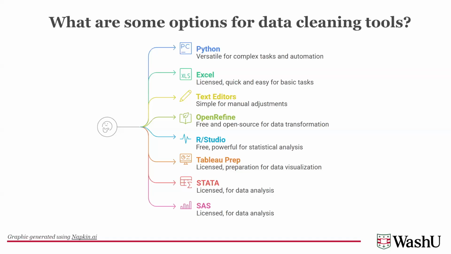Finally, we've got a couple of licensed products, Tableau Prep, Stata, and SAS. They each have their own strengths, and Tableau Prep is more of like a GUI-based data cleaning application, and Stata and SAS are going to be your scripting-based applications. So lots of options for data cleaning tools, but today, obviously, we're going to talk about Python.